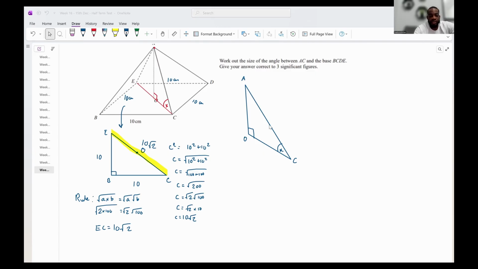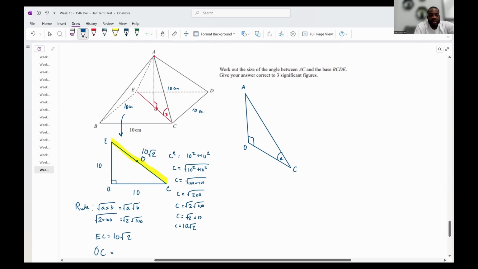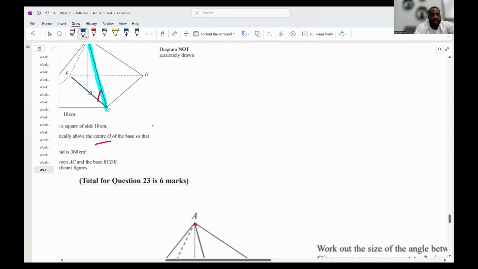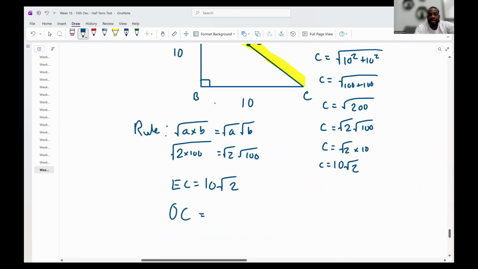Yeah, okay. Good stuff. So E to C is 10 root 2, but remember, the triangle in question, we want O to C. If E to C is 10 root 2, what's O to C equal to, guys? Remember, what did they say about the point O? Let's read it again. The vertex of the pyramid is vertically above the center O of the base, right? So that's the center, which means that O is in the middle.